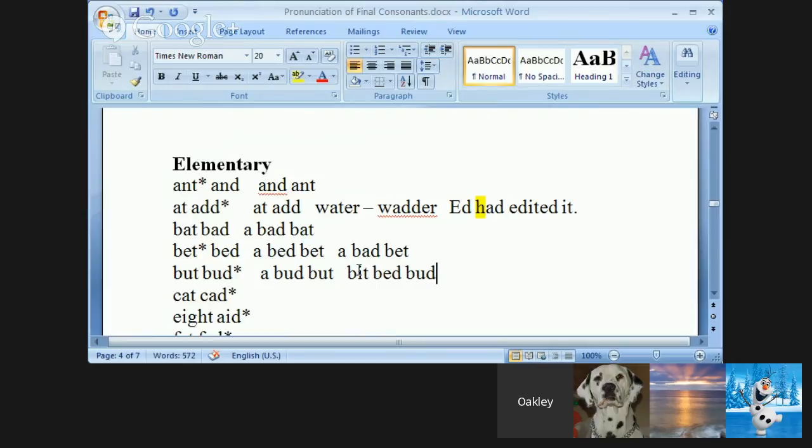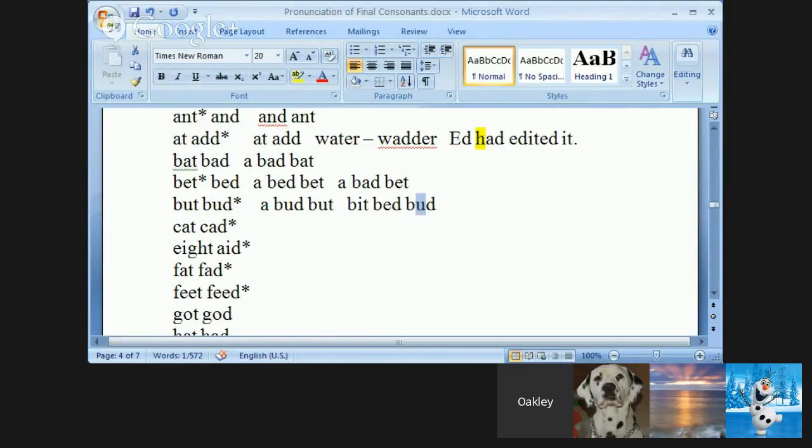All you do is lower your tongue ever so slightly as you say each one of these, but for every one of them the mouth is barely open. You're barely doing anything. No effort. Relaxed sounds. Bit, bed, bud. Tongue is just slightly dropping.